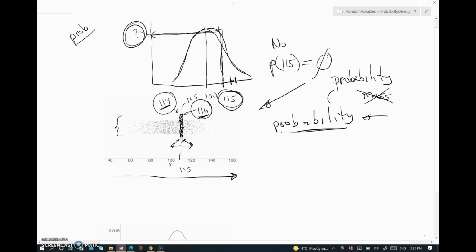The value obtained by taking the probability mass between 114 and 116 and dividing it by the difference, 116 minus 114, that distance between 114 and 116, if we were to shrink that distance, as that distance becomes infinitely small, the probability mass divided by that distance will be equal to the probability density.